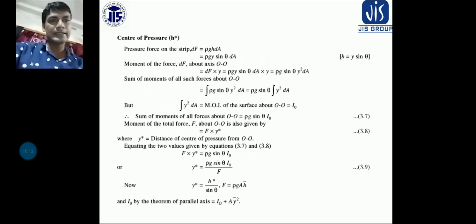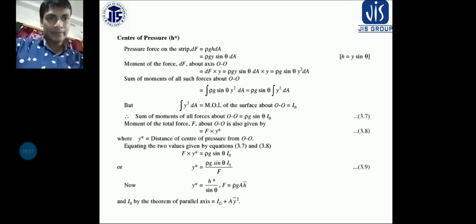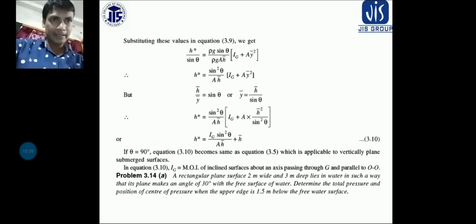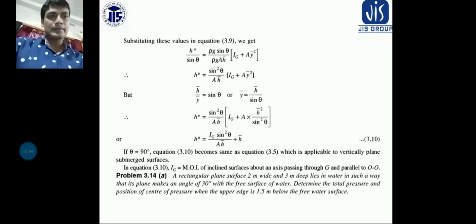So F is equal to rho g h bar A also we know. So I naught, by the help of the parallel axis theorem, can be written as I naught is equal to Ig plus A into y bar square. If I substitute this value, then y star is equal to h star by sin theta, and this part is Ig plus A y bar square.